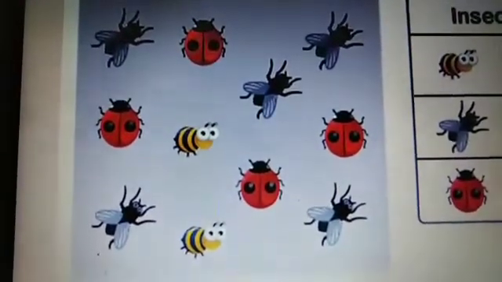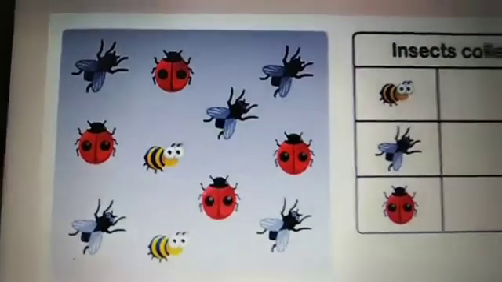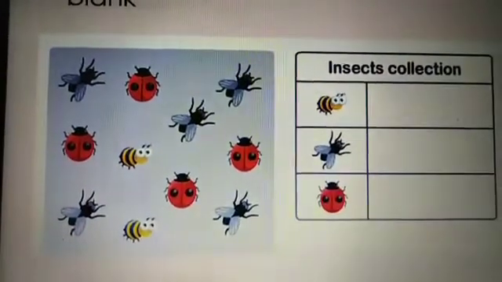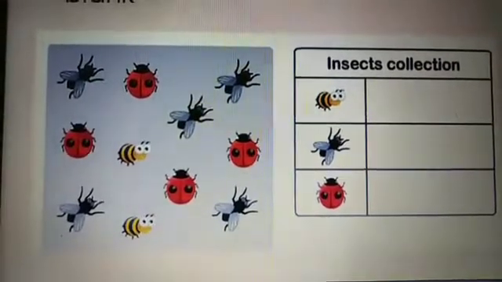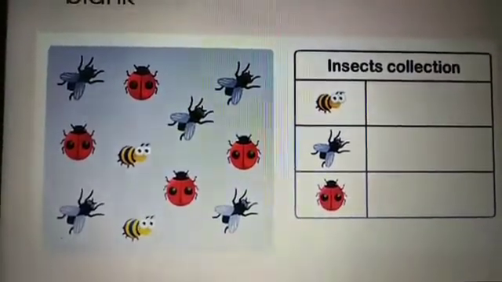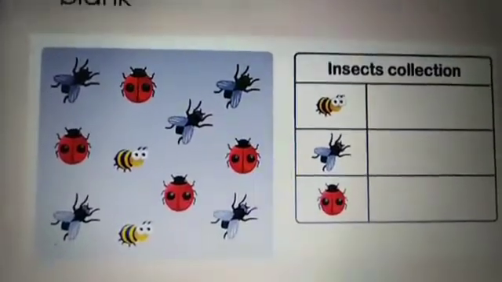There are 2 bees, so we have to draw 2 tally marks. And there are 5 flies, so we have to draw 5 tally marks. And there are 4 ladybugs, so we have to draw 4 tally marks.